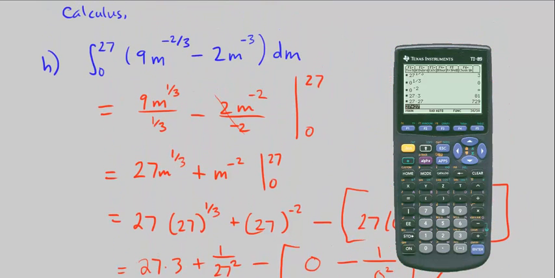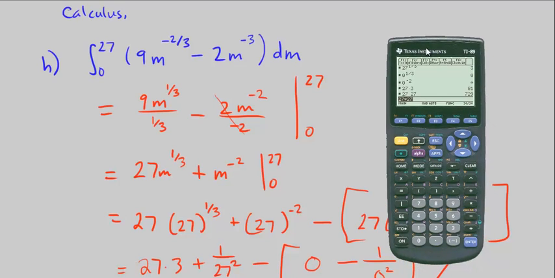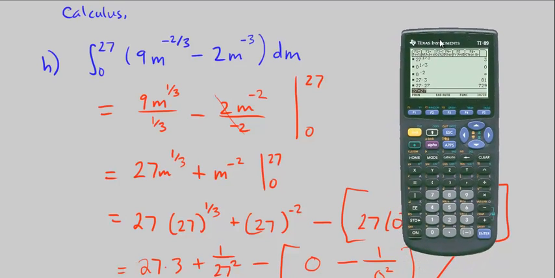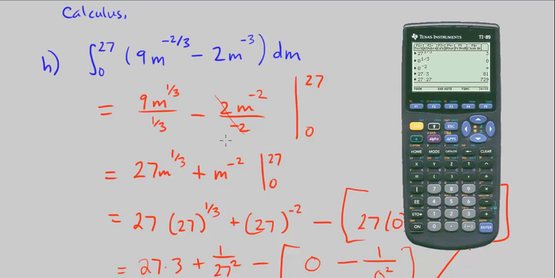Okay, so let's go ahead and look at this, because the problem also says to test your solution using your integration function on your calculator. So let's do this one on our calculator. So I'm going to go to F3, go to integrate, right? The expression I want to integrate is 9m to the power of negative 2/3 minus 2m to the power of negative 3, right?